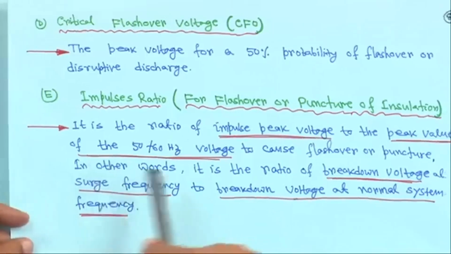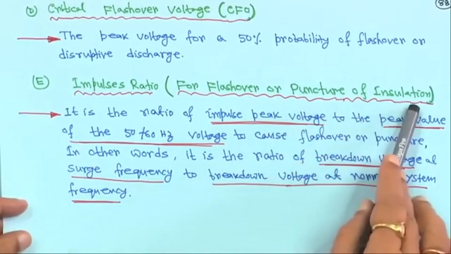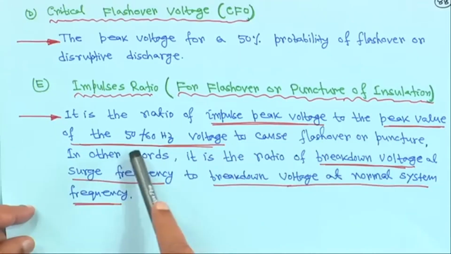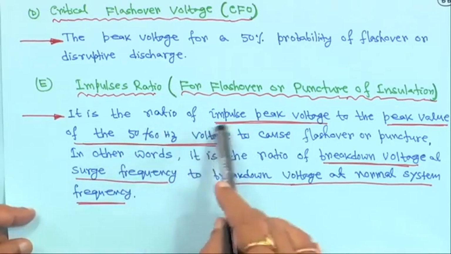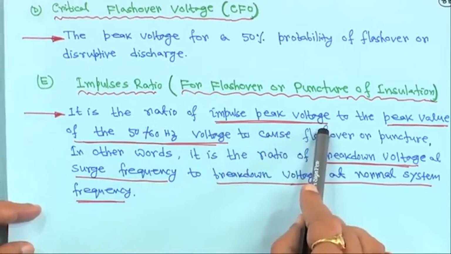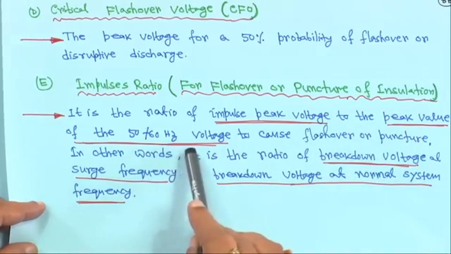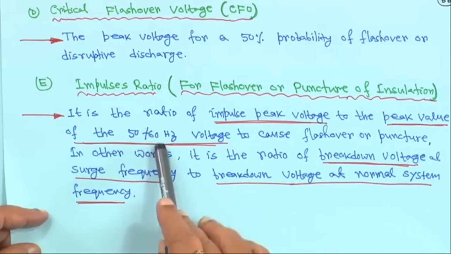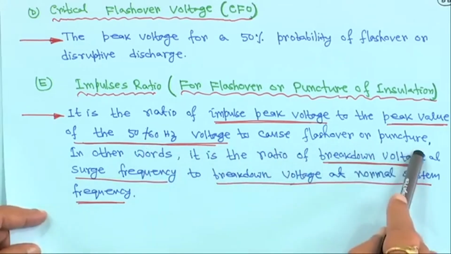Now, impulse ratio for flashover or puncture of insulation. It is the ratio of the impulse peak voltage to the peak value of the 50 or 60 hertz voltage, either 50 hertz system or 60 hertz system, to cause flashover or puncture.